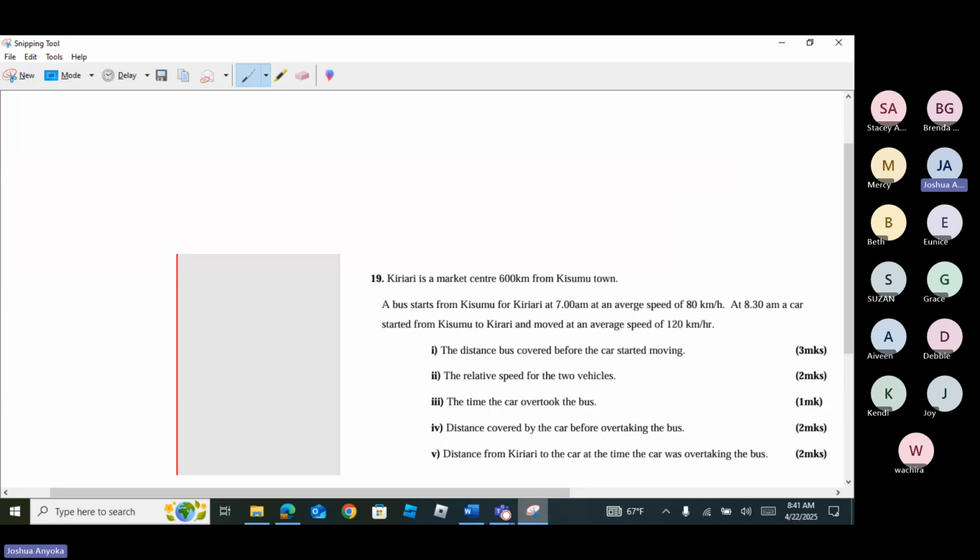A bus starts from Kisumu to Kiriari at an average speed of 80. At 8:30, a car started from Kisumu to Kiriari. The question is okay. Make a decision whether they are moving from where to where.